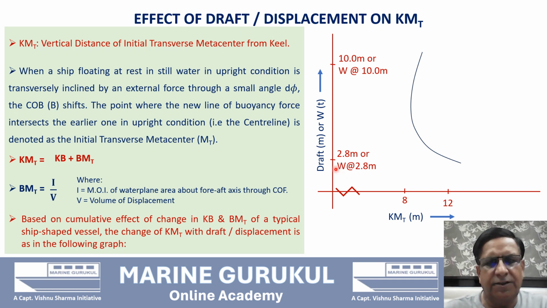As the draft is less, the value of KM is high, it's 12 meters or more. It is reducing as the draft is increasing, and then the change becomes very less. So this is typically how the KMT of a ship-shaped vessel shall change in the hydrostatic tables.